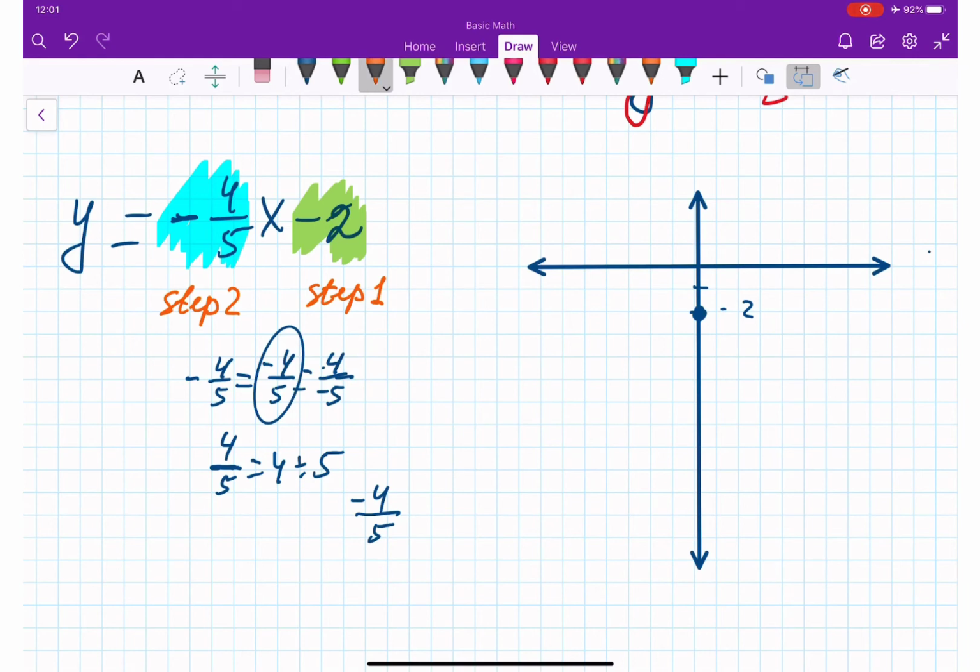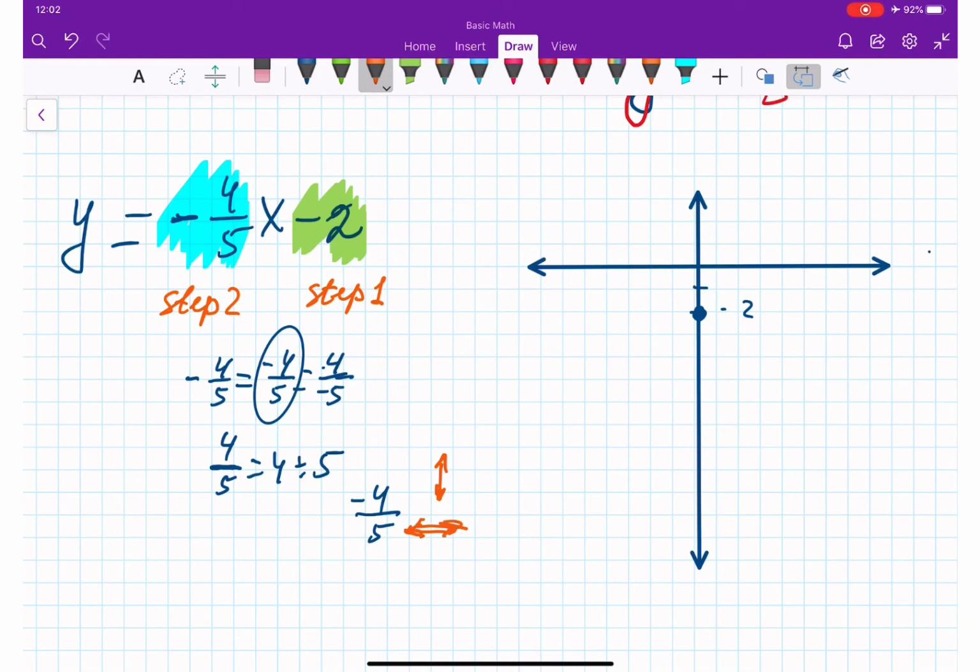The denominator always runs horizontally. The number in the numerator, negative 4, always runs vertically. So we can go by the horizontal case or by the vertical case, it doesn't matter.